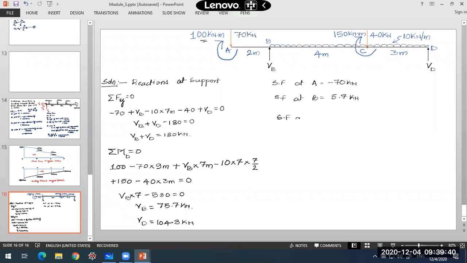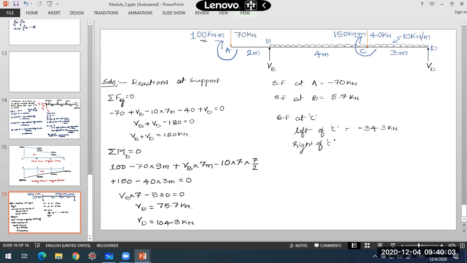Shear force at C, left of C, how much did you get? Minus 34.3 kilonewton.